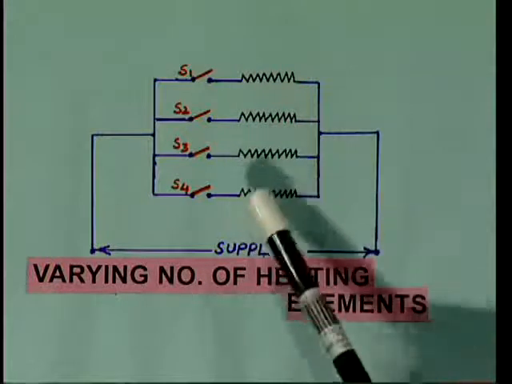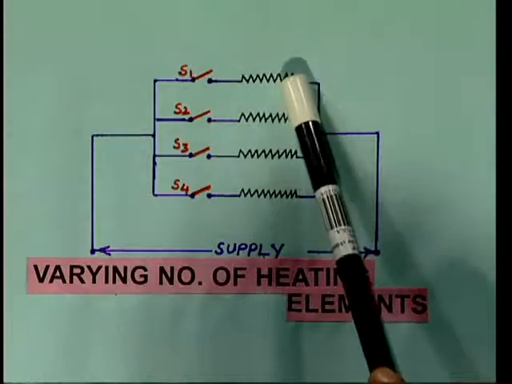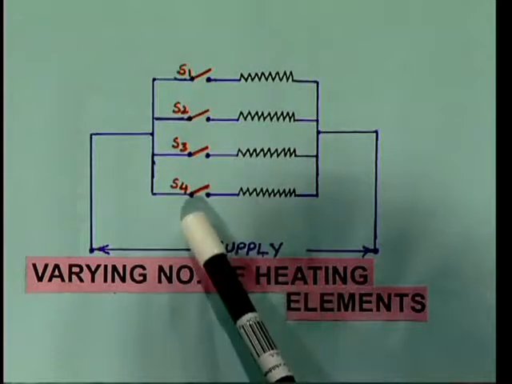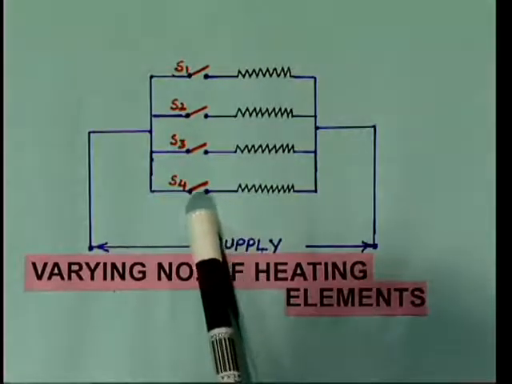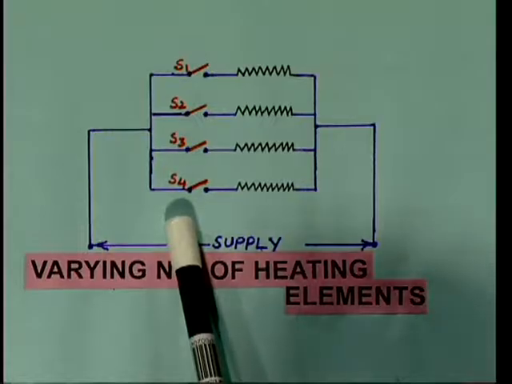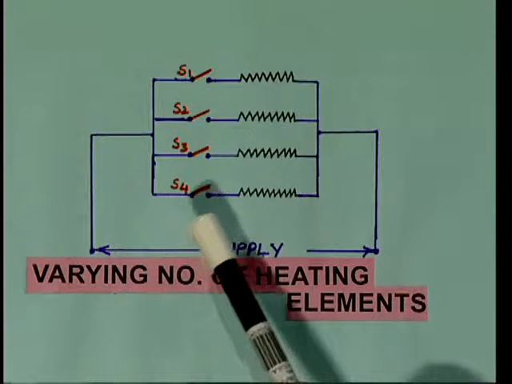Now, see this diagram. These heating elements 1, 2, 3, 4 are 4 furnaces, connected in parallel, and each heating resistance element is connected to an independent switch, that is S1, S2, S3, S4.